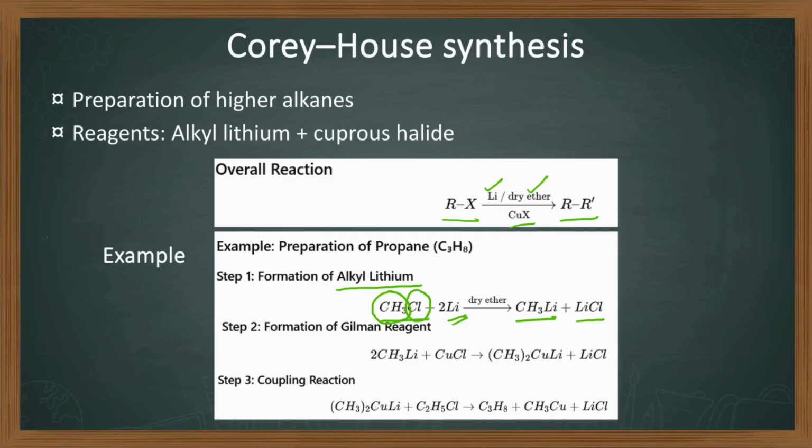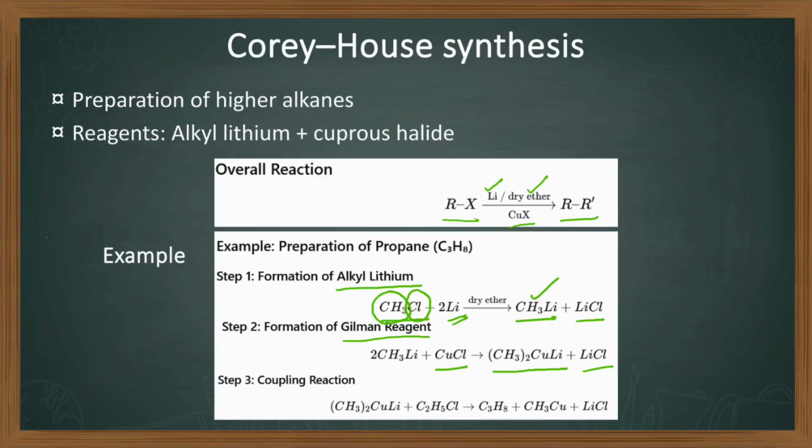This methyl lithium reacts with copper chloride, and this produces a compound called Gilman reagent, which is lithium dimethyl cuprate. I'll repeat, lithium dimethyl cuprate. This is called Gilman reagent, along with lithium chloride.